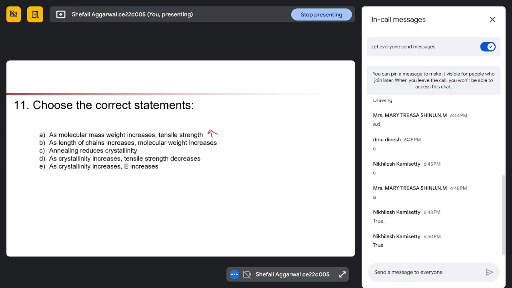Annealing reduces crystallinity. As crystallinity increases, tensile strength decreases. As crystallinity increases, modulus of elasticity increases. So one thing we all know is, length of chain increases, molecular weight increases, right? Any other option you think is correct?